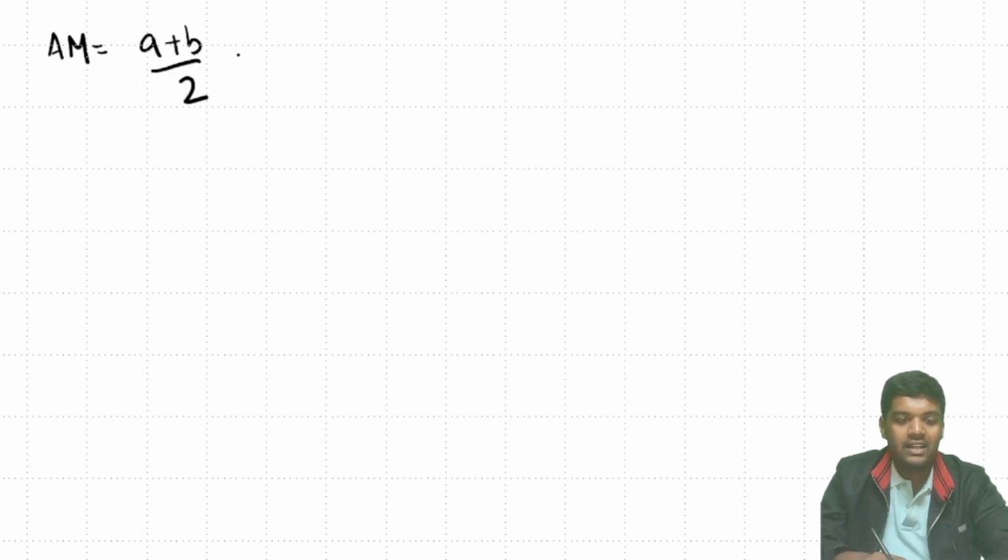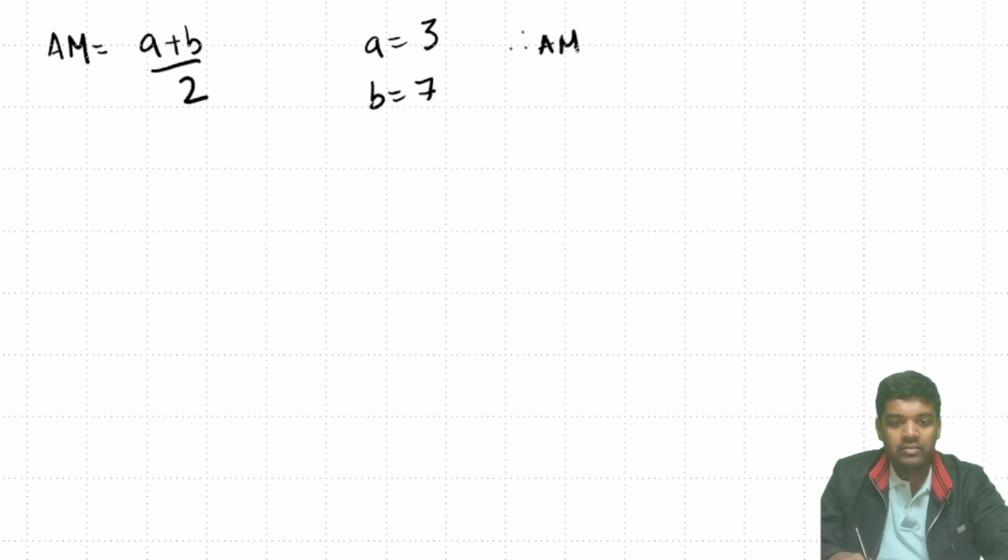There is one more important formula in arithmetic progression, which is the arithmetic mean, denoted as AM. AM is the average between two numbers A and B. We can denote AM as A plus B divided by 2. Let's say A equals 3, B equals 7.